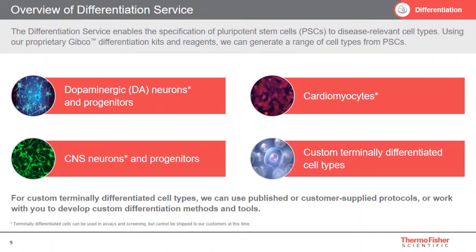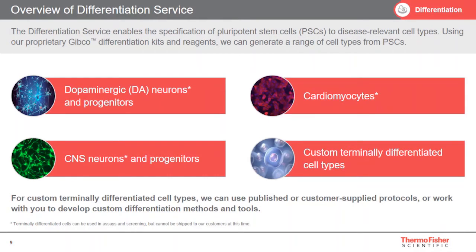And here, Thermo Fisher offers various media systems that allow for robust differentiation of PSCs, either into midbrain floor plate progenitors and dopaminergic neurons, neuronal stem cells that can be further differentiated into hindbrain-like neurons, oligodendrocytes, and glial cells. We also offer media systems and kits that support PSC differentiation into definitive endoderm as well as cardiomyocytes.